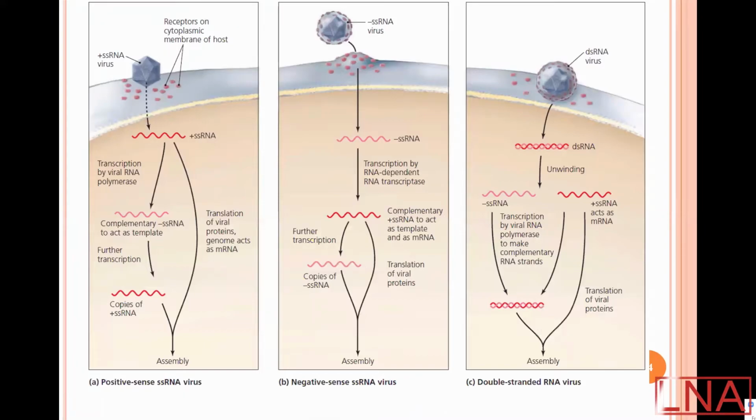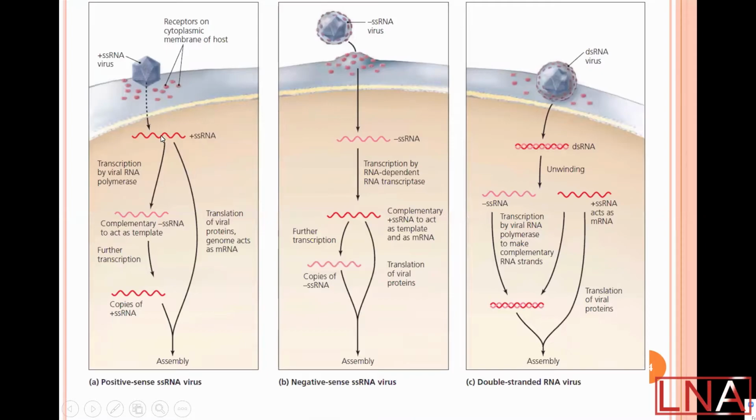All of them have a similar way. Look here. After attachment, penetration, and uncoating, the single-strand RNA can be used as a template to produce viral proteins.